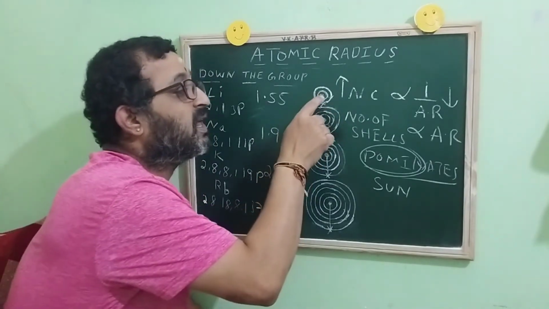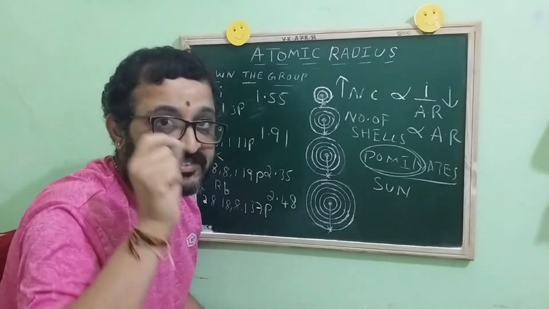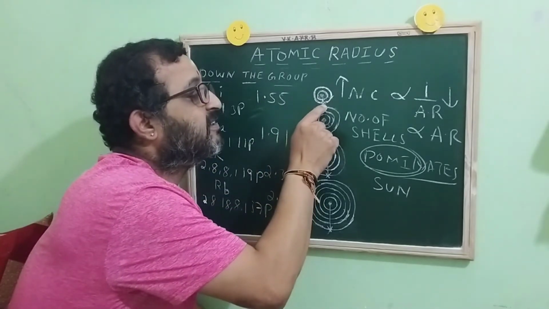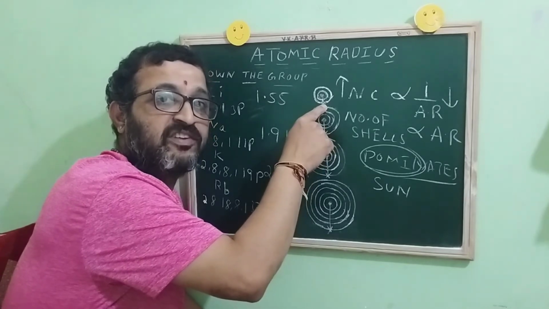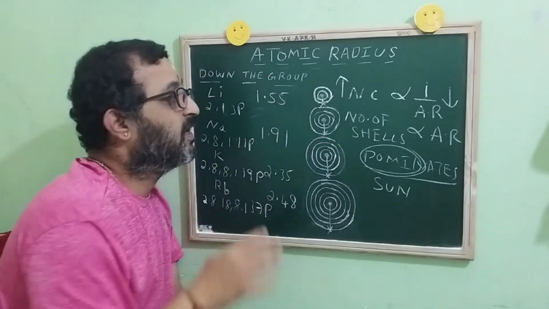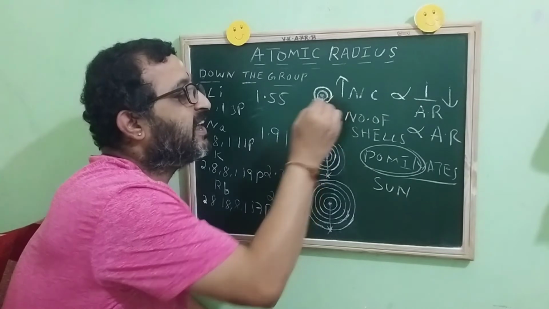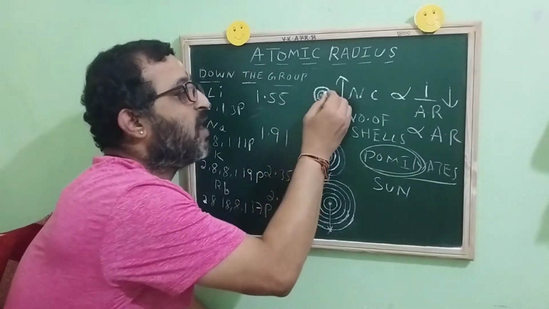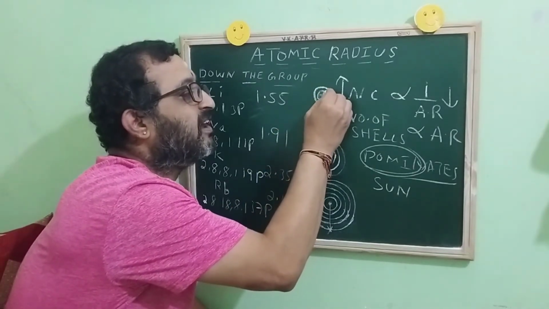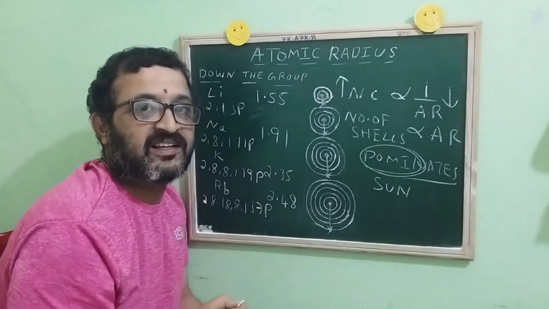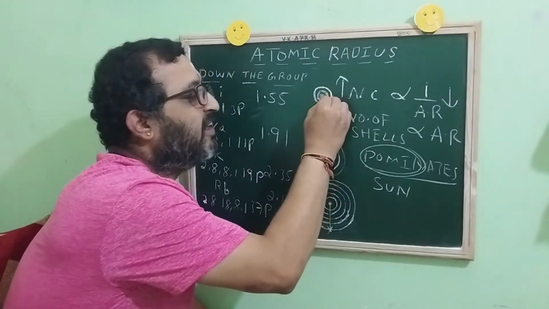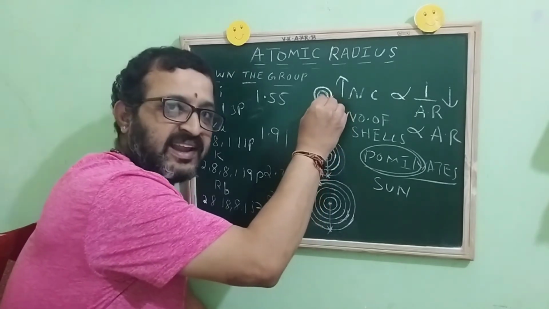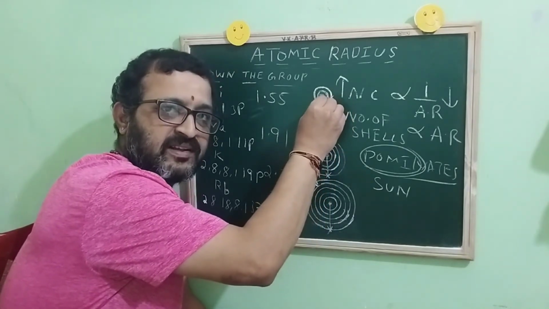I repeat, we will consider this nucleus as sun and this electron containing outermost shell as what, children? Skin. Now between sun and skin, I think we have one more shell. What is that shell? It is K shell. Don't you think that this K shell is acting as a sunscreen lotion?